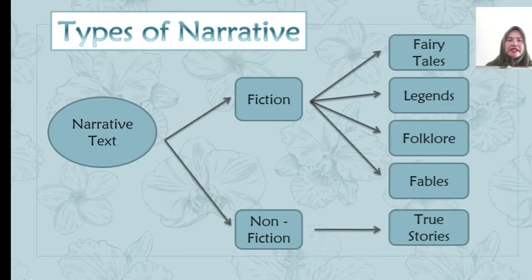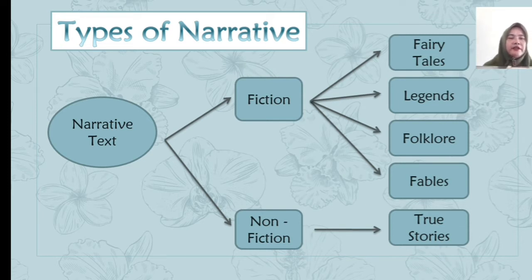Okay, now next, let's have a look at types of narrative. Ada secara umum dua jenis teks naratif. The first is fiction and the second is non-fiction. Fiction can be in the form of fairy tales, legends, folklore, and fables.